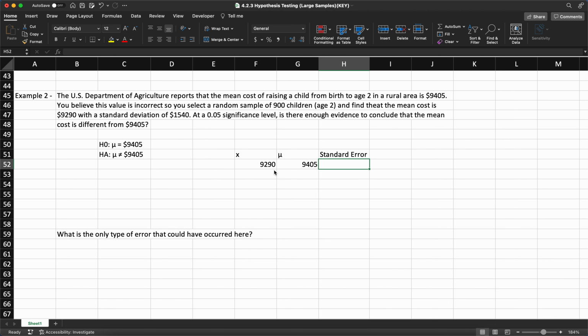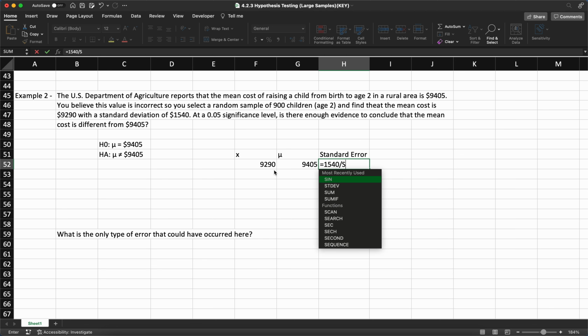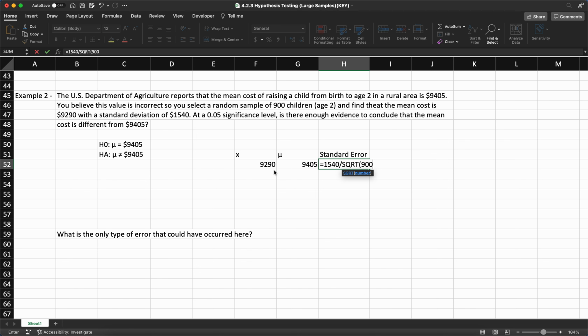So we're going to use, since we're looking at 900 children, that's a very large N, we can say that the standard deviation of the population and this sample are really close together. So the standard error would be 1,540 divided by the square root of N, which in this case is 900. So there's my standard error.